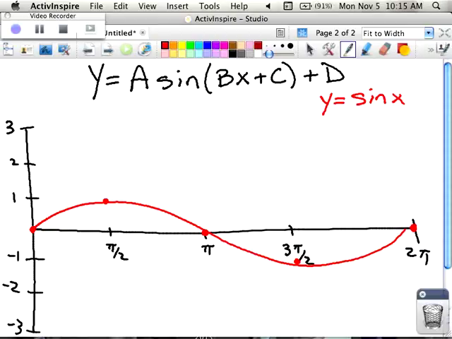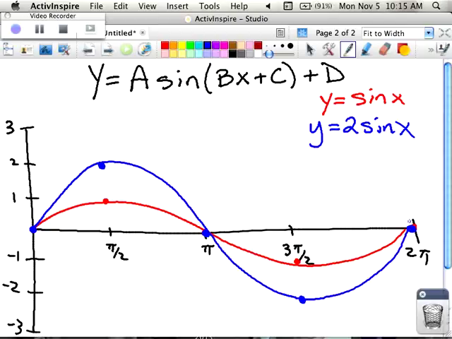What happens when I do this? What's happening to the graph?